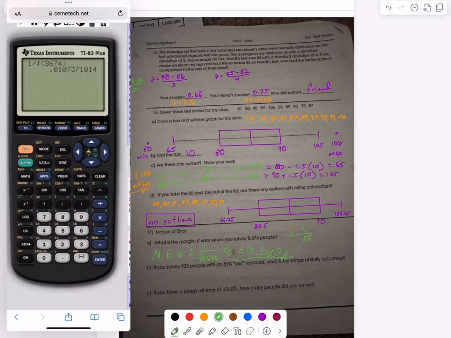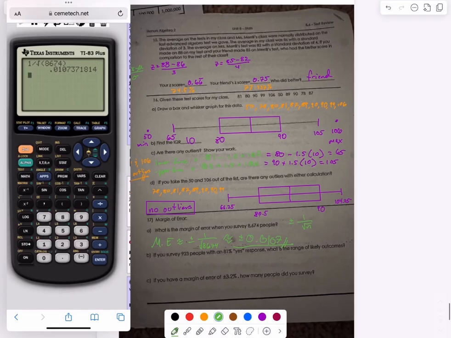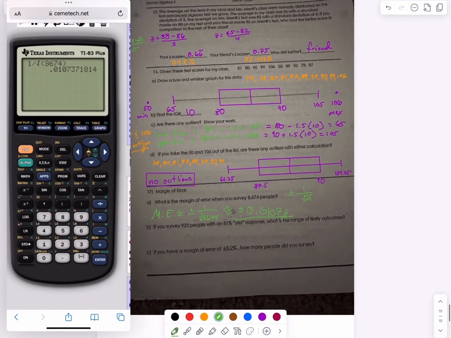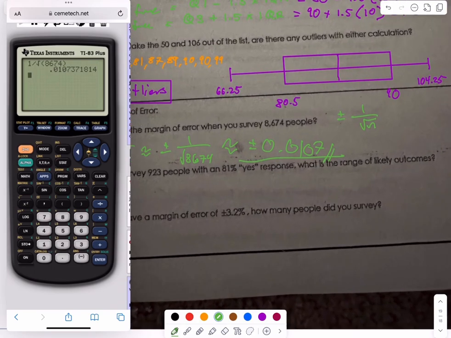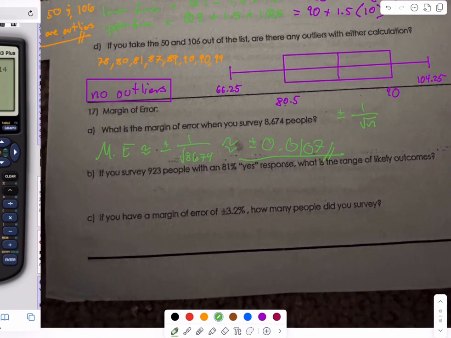Okay, so margin of error, right? If we use the same formula, there is another formula, but for our purposes right now we're just going to use the one that we've been using.